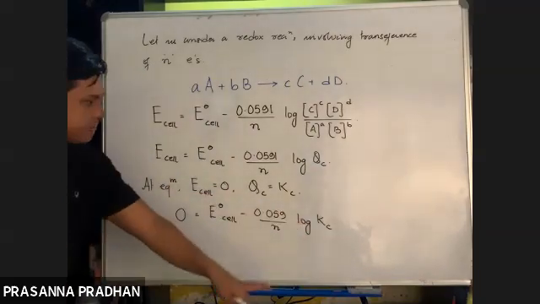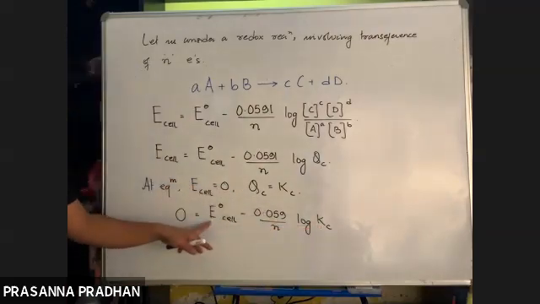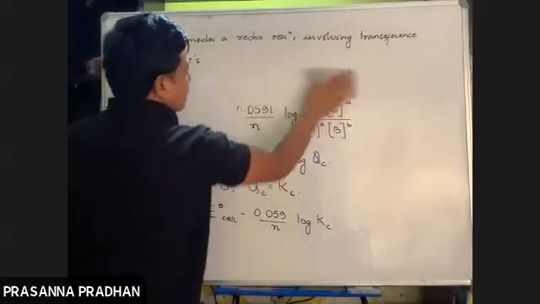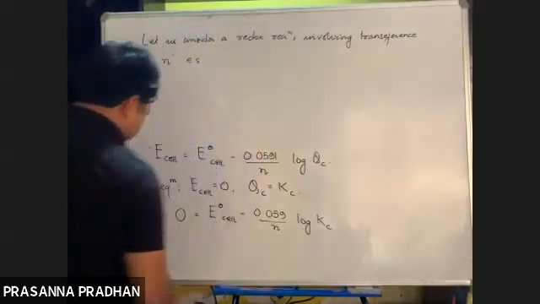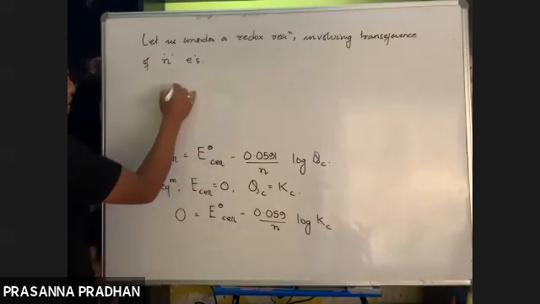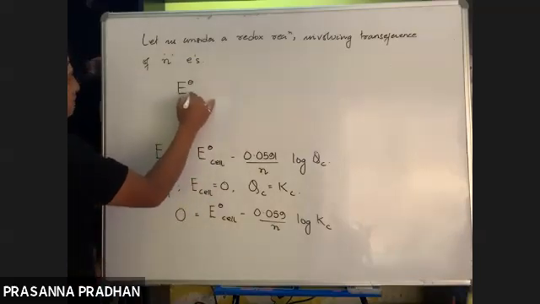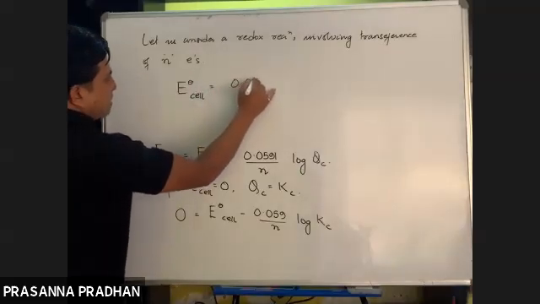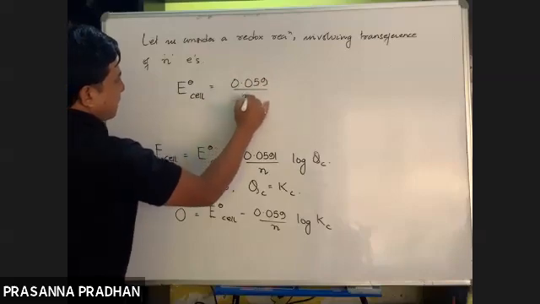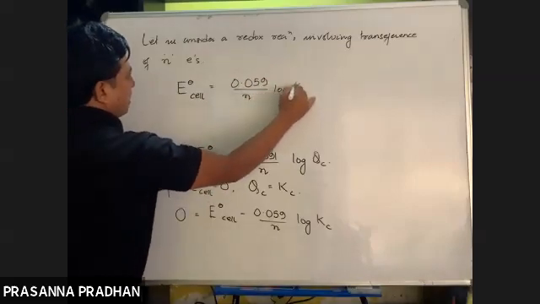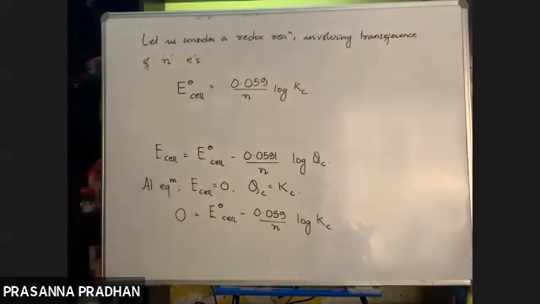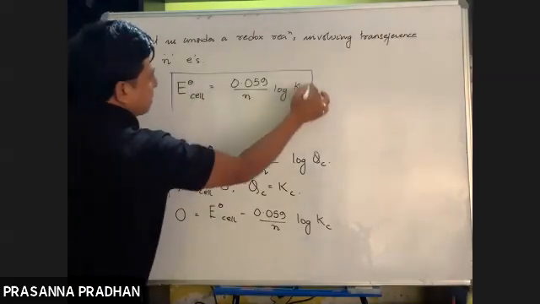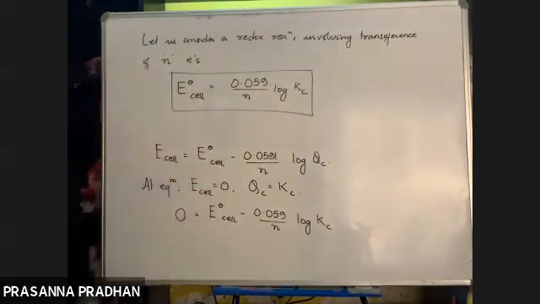So what is the relationship between the equilibrium constant and the standard cell potential? Now we can derive it. Finally, E naught cell equals 0.059 by n, log Kc. This is the relationship between the equilibrium constant and standard cell potential.